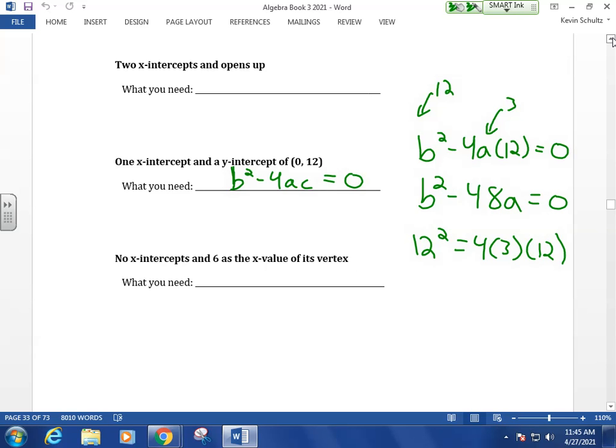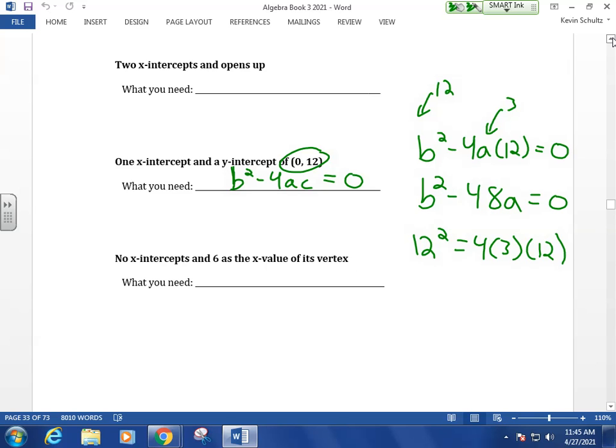What we did was we started with what we knew had to happen. We knew that b squared minus 4ac had to equal 0. We plugged in what we knew. We knew that c had to be 12 because of this condition right there.